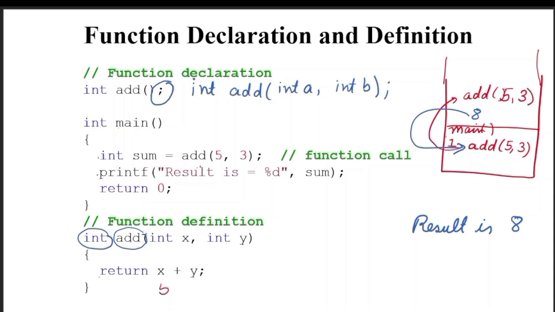Okay. Function declaration will have a semicolon at the end, but function definition is not going to have any semicolon over here. Alright. Function calling also has a semicolon. Function declaration has, but function definition does not have any semicolon over here. So in function declaration, we can give the parameter list and we can also not give it.